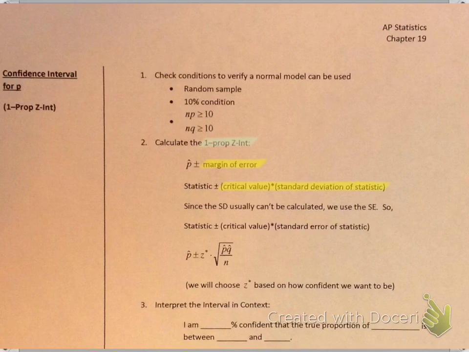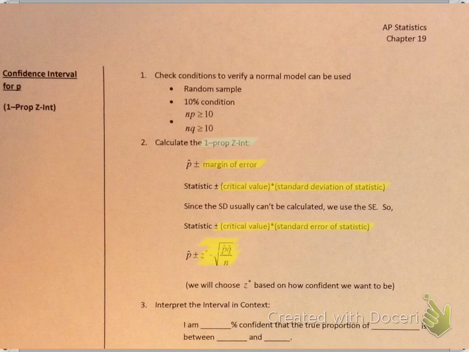So keep in mind all the things I'm highlighting right now in yellow represent the margin of error. If I jump down here, now I've got my critical value, which again is dependent on the model you're using. We're going to use z's because it's normal, and the standard error of the statistic. So again, down here, this whole z star times the square root of p hat q hat over n, that whole thing is your margin of error.